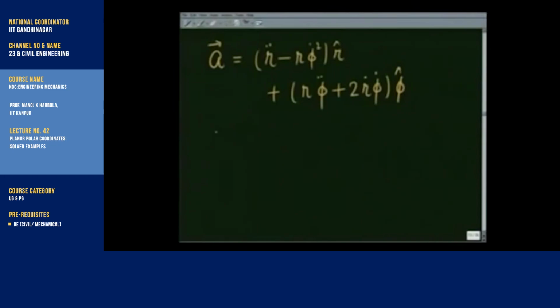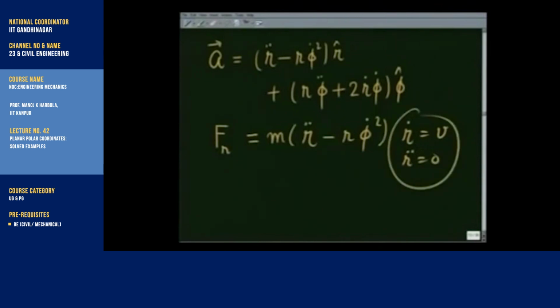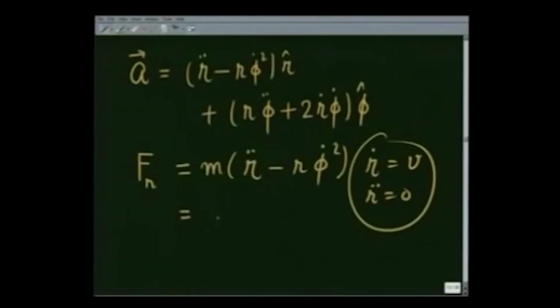The force that I am pulling it in with is in the radial direction, therefore that is equal to m(r double dot minus r φ-dot squared). And since it is being pulled in with constant speed, ṙ is equal to minus v and r double dot therefore is equal to 0, so I have Fr equal to minus m r φ-dot squared.